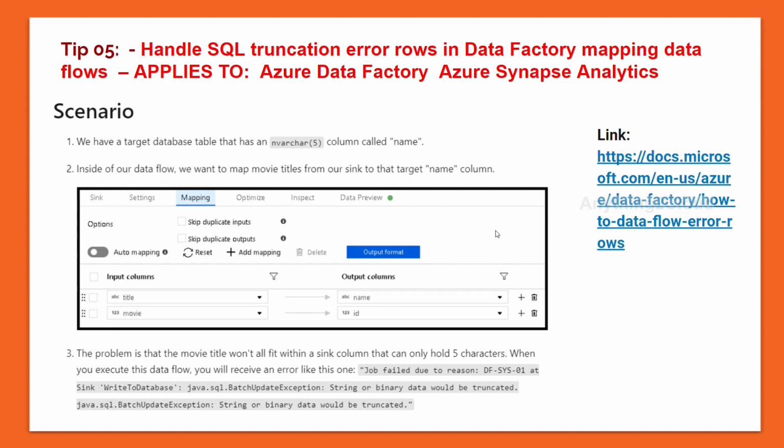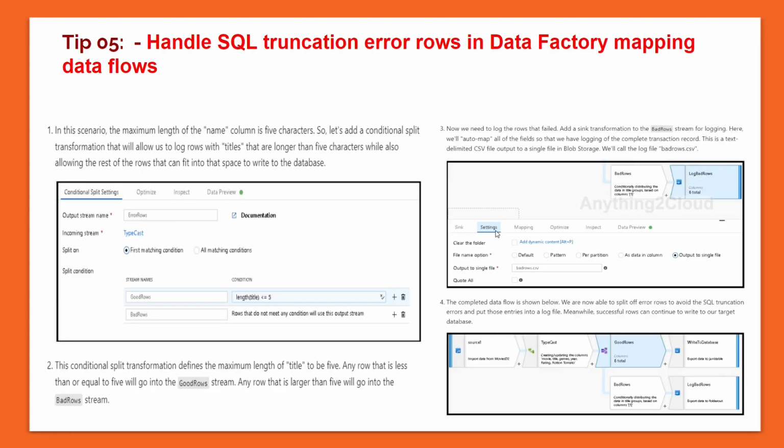We can resolve this issue by using a conditional split to process the good data and the bad data. We can choose split on first matching condition, and for the good rows, you mention the condition here, length less than or equal to 5. The bad rows, the rest which do not satisfy this condition, go to the bad rows.